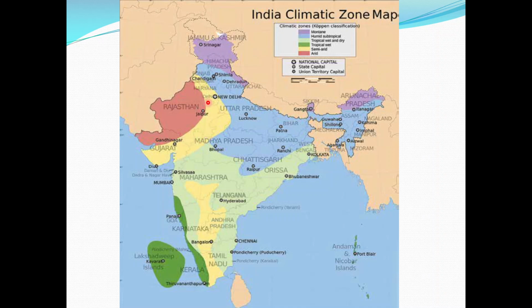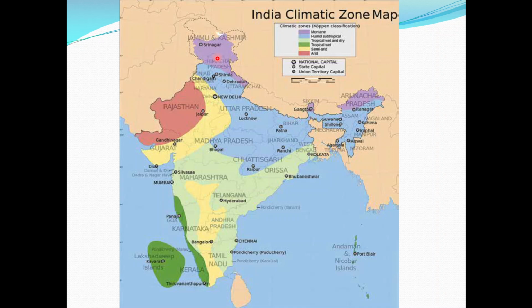And in this yellow colored portion, there are two portions, this one and this one. These two portions are the semi-arid zone, less hot than the arid zone, and they also sometimes get rainfall. And the third is the mountain zone. This purple area you are looking at is covered with snow.